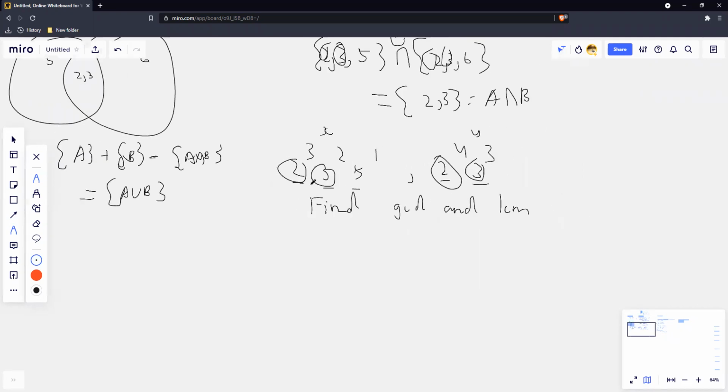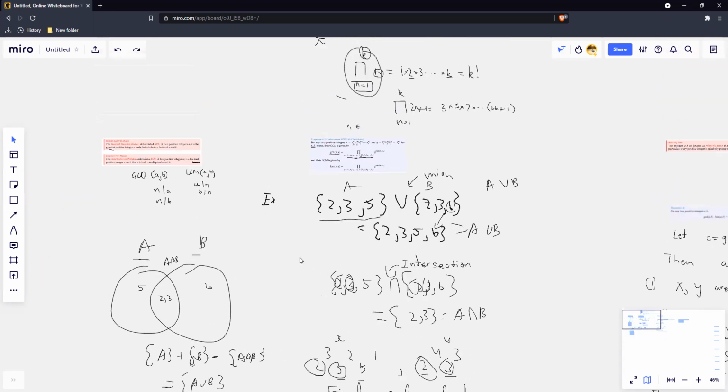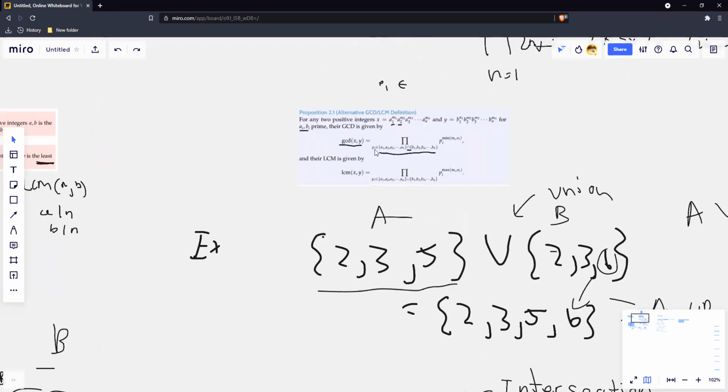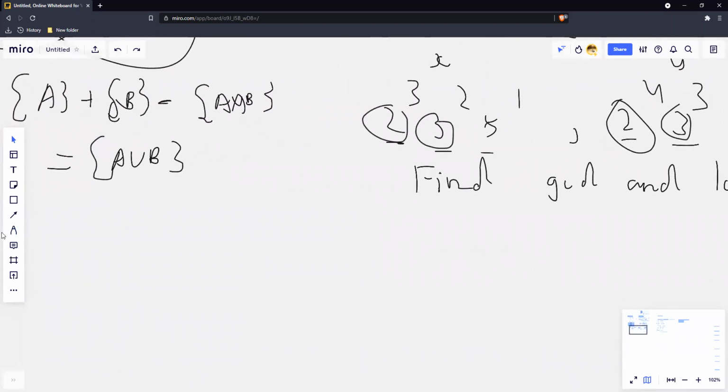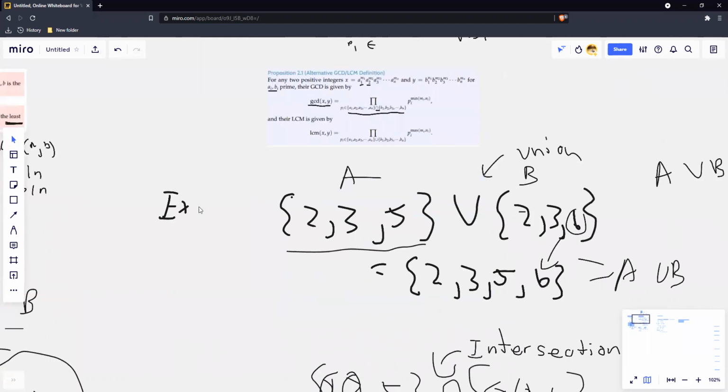So therefore, p sub i is in the set, which is the intersection, 2, 3. This symbol basically means it is in. So p sub i is either 2 or p sub i is 3. Then that's a bottom part, that's a subscript.